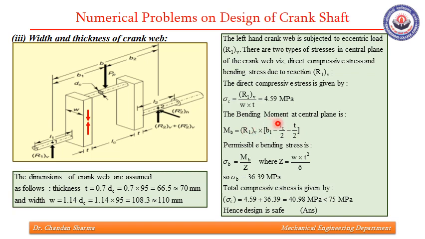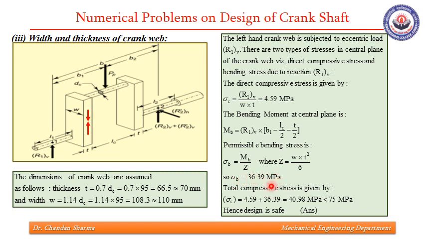We know all the values. We have already found R1V, and B1, LC and T we know. So we'll find sigma B, and Z will be 1 by 6 W T square. So sigma B comes out to be 36.39 megapascal.